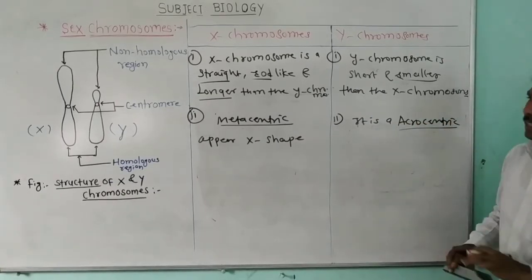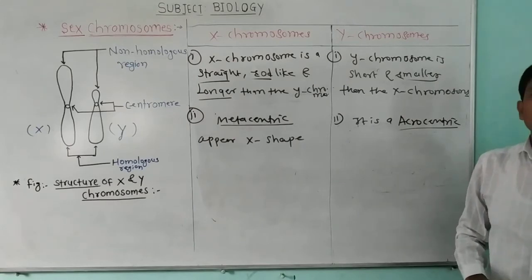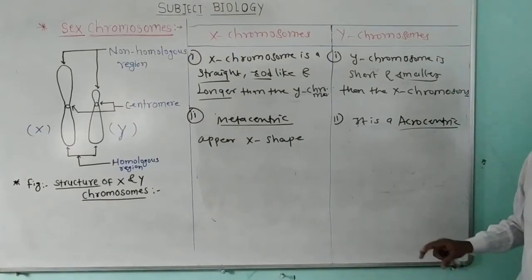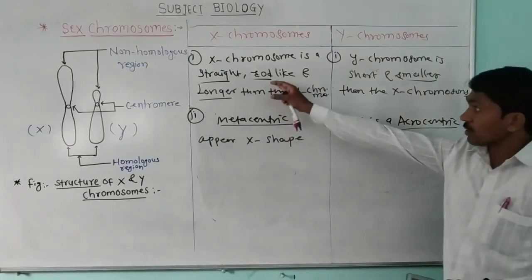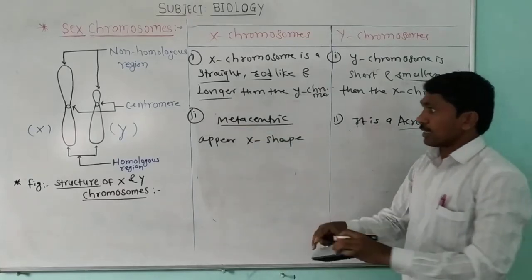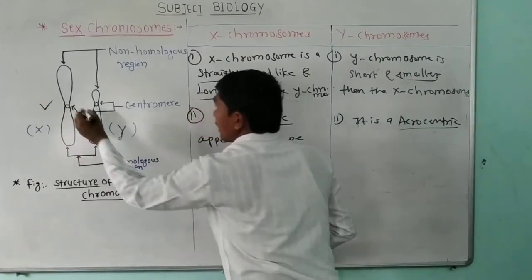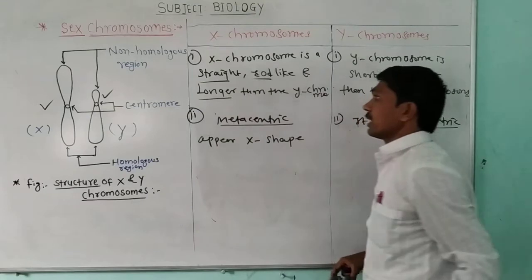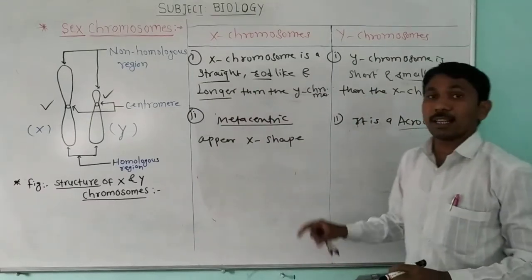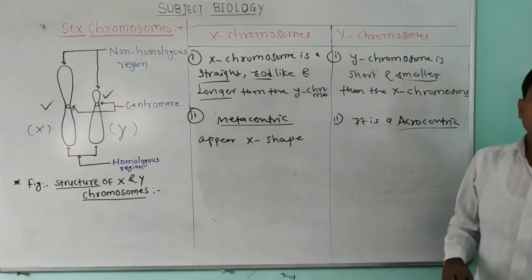We have already studied the shape of the chromosome on the basis of the position of the centromere. So the X chromosome is metacentric, and the Y chromosome is acrocentric due to the position of the centromere.